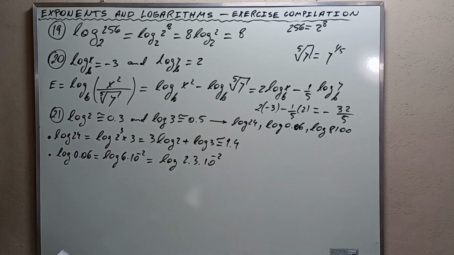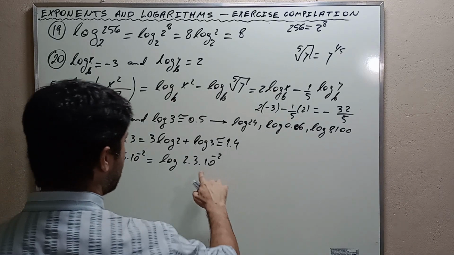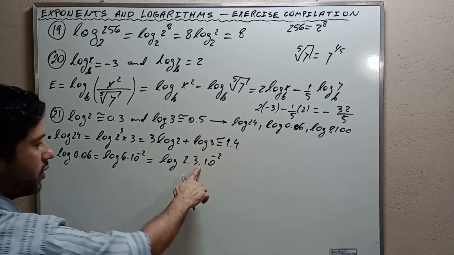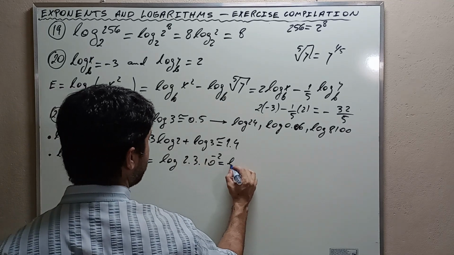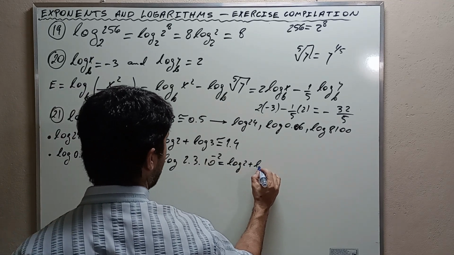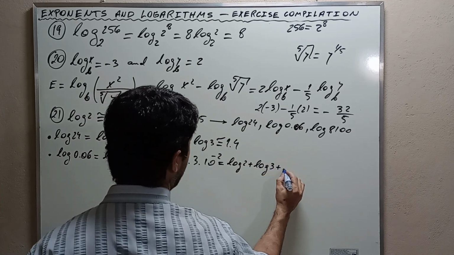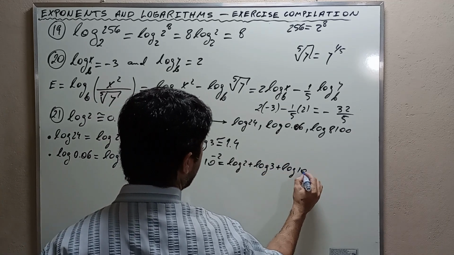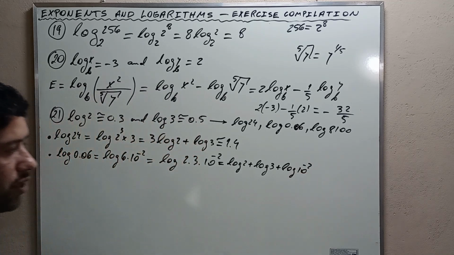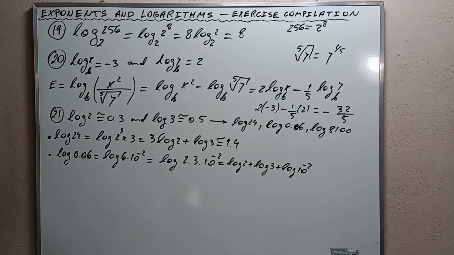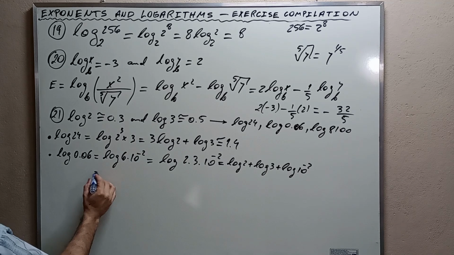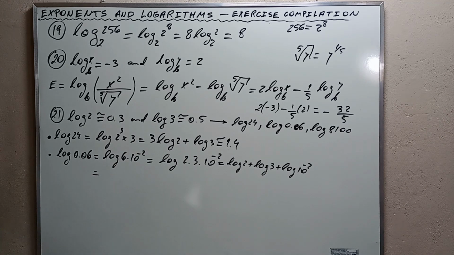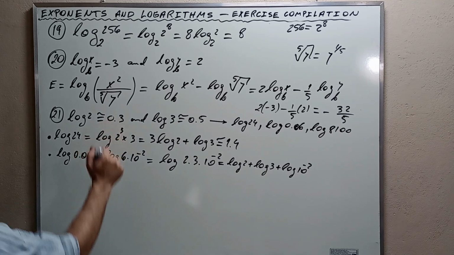And we multiply. It is a multiplication. It can be converted to the logarithm of 2 plus the logarithm of 3 plus the logarithm of 10 to the negative 2. Okay? The logarithm of 2, the exercise said it is 0.3.